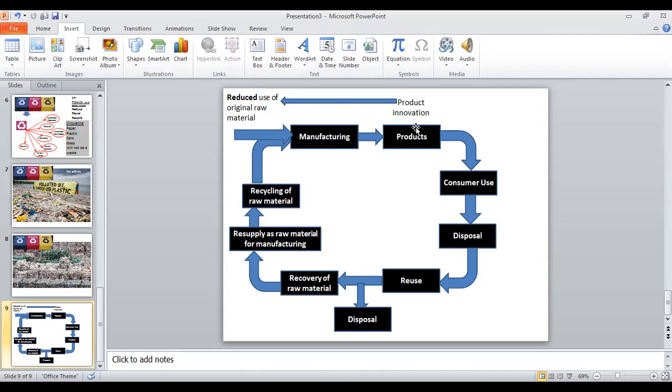Sometimes manufacturing is a bit broader word.